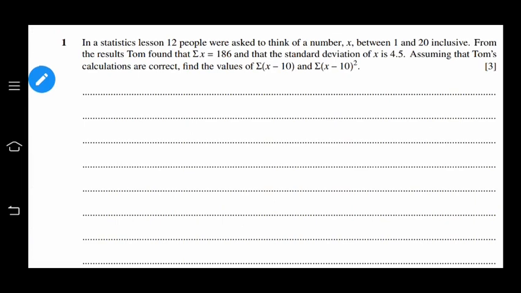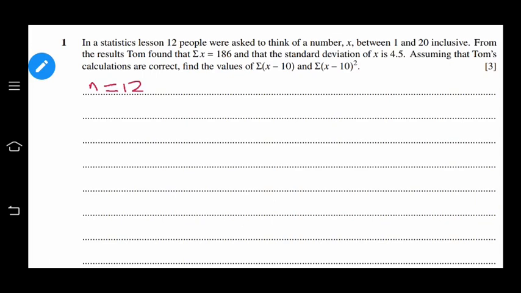So let's check the data given here. The question deals with 12 people. That means n is equal to 12. Think of a number x between 1 and 20 inclusive: this is not important information for us.